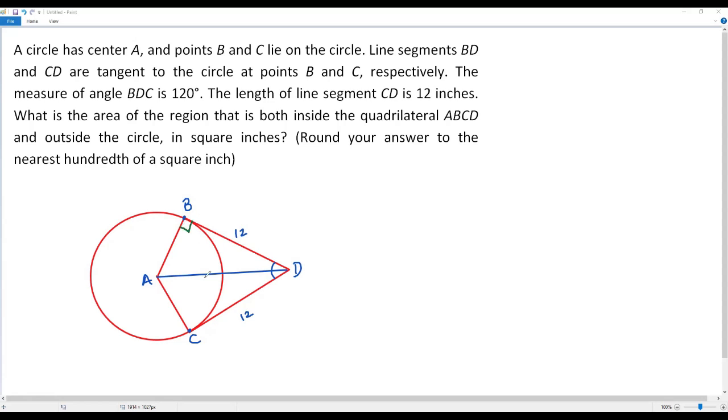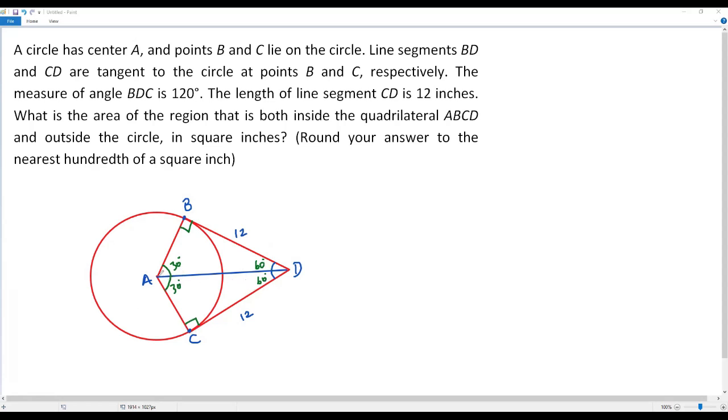We know that the measure of angle BDC is 120 degrees, and this angle will be bisected by line segment AD, so it is divided into two 60 degree angles. Then the remaining angle must be 30 degrees, because 90 plus 60 plus 30 is 180, so the interior angles add up to 180 degrees. The same holds on the other side.